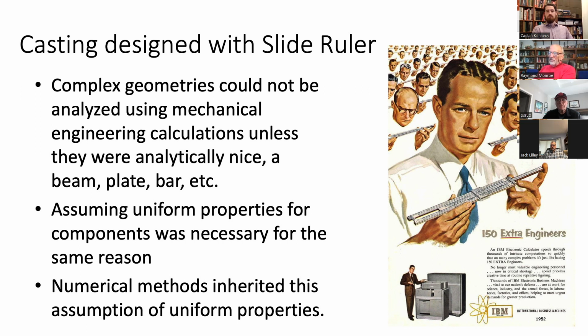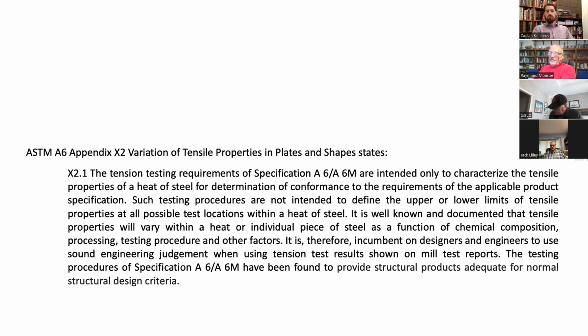He knew that wasn't a true statement, but he was just pretending it was a beam or a plate and using his slide rule to calculate whether or not it would meet the requirements. And the numerical methods inherited this assumption of uniform properties. And so most of our customers, our design engineers, believe that materials should have the same properties everywhere, which is clearly just not true. It's so clearly not true.